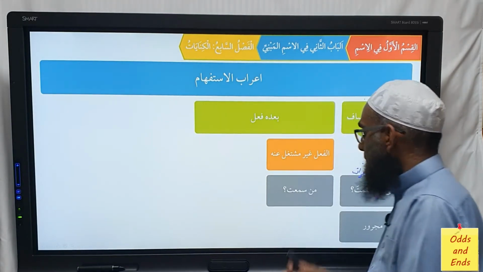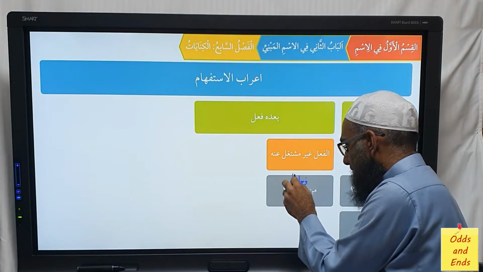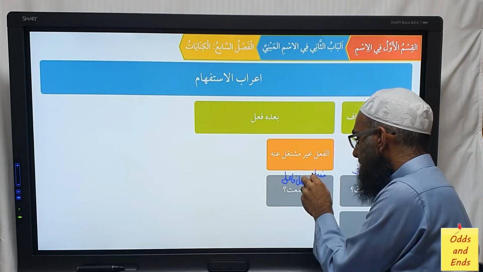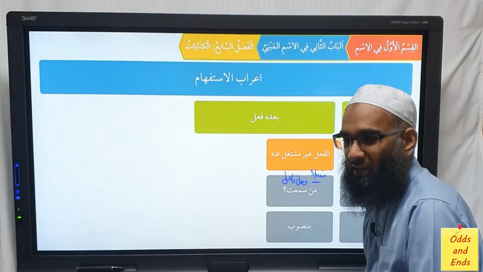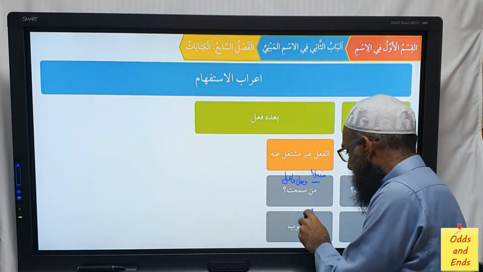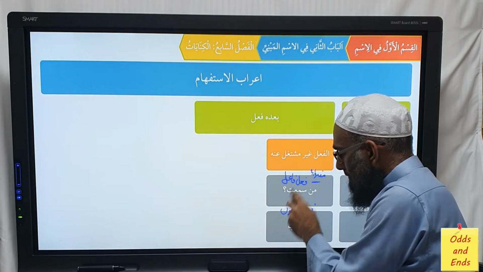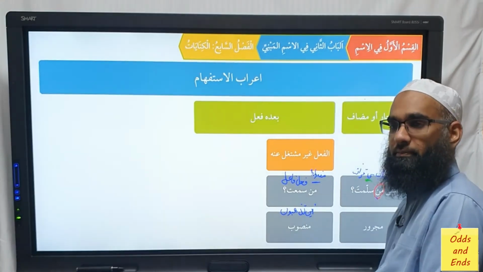So in this example, sami'ta is fa'il, and the man becomes the maf'ulun bihi muqaddam. So it becomes mansub because it's maf'ul bihi muqaddam. It can also be a maf'ul fi muqaddam. For example, ayna tadhhabun. So tadhhabun is a fa'il, ayna maf'ul fi muqaddam.